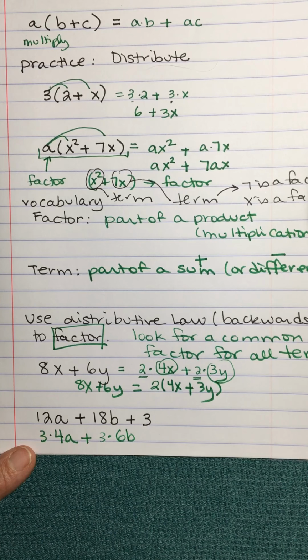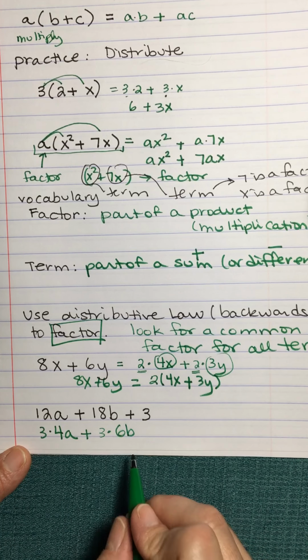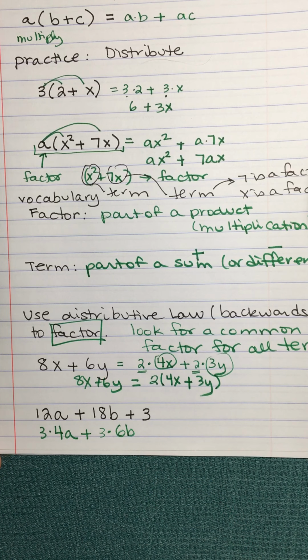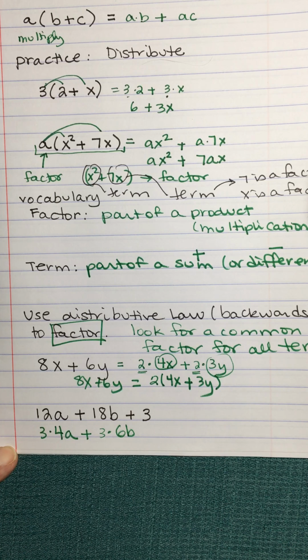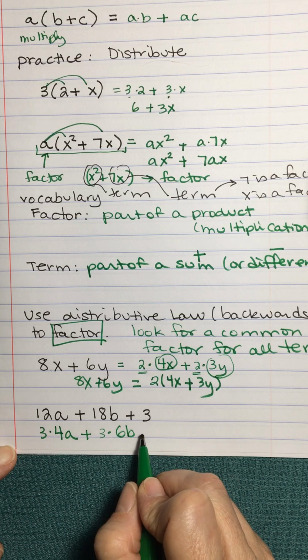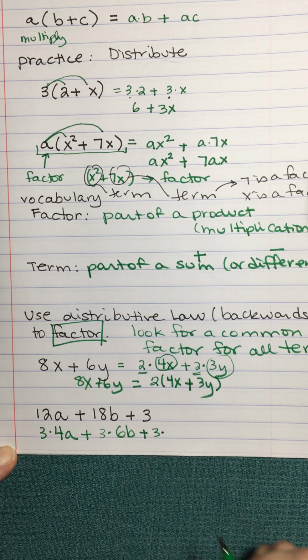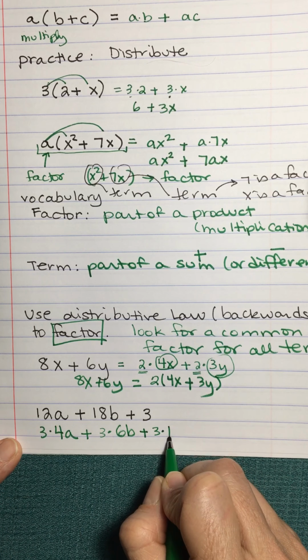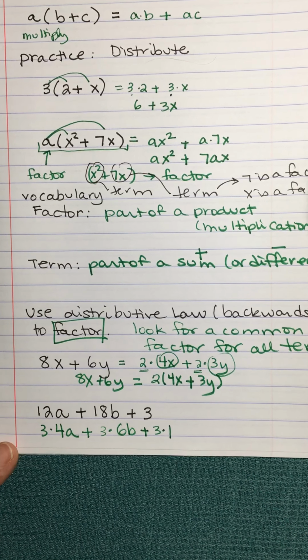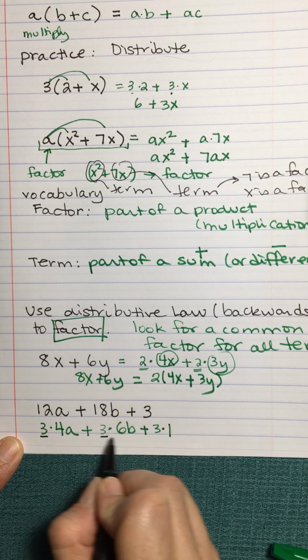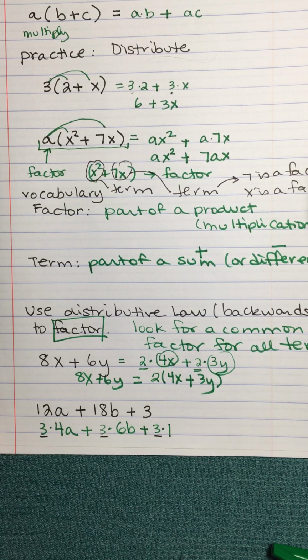Oh, that's unfortunate, 6's and b's together. Keep yours separate, maybe do capital B's or something. Plus 3. So I included this one specifically so that you see what to do. So when we add that 3, I still needed to have that common factor of 3. 3 times what? Exactly, 3 times 1 is the same thing as 3. Now I have that common 3 in each of the terms.